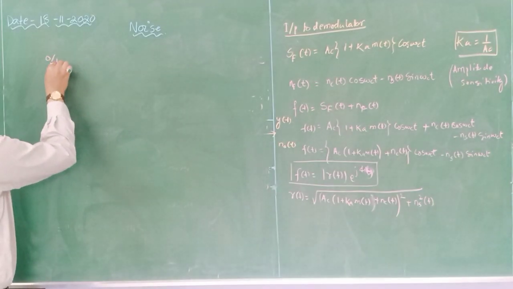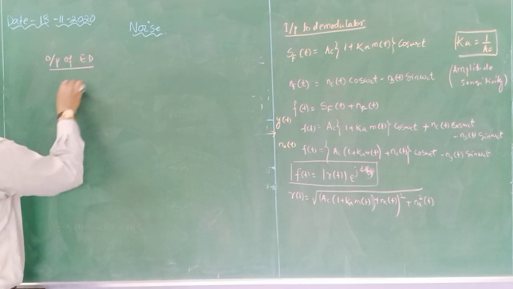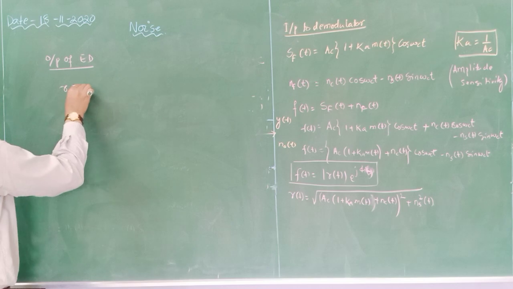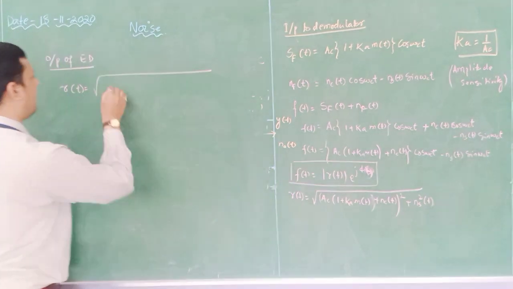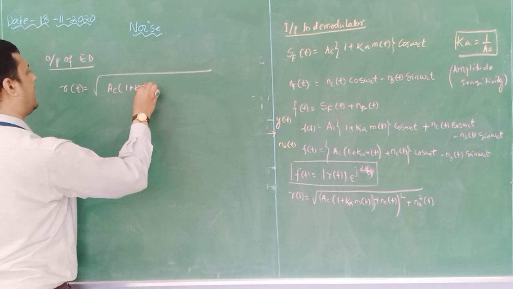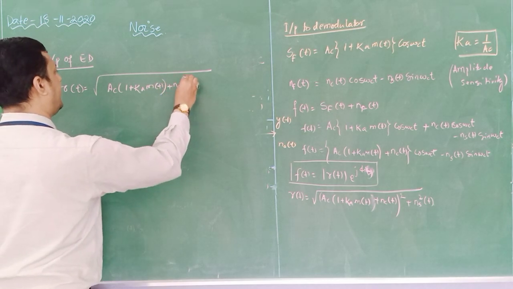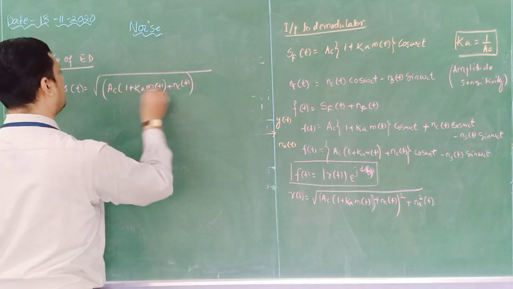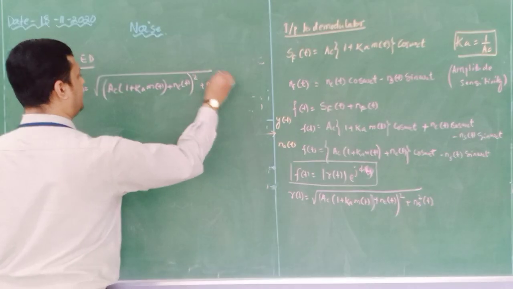Here we can say the output of the envelope detector is r(t), that is equal to the root of [Ac(1 + Ka m(t)) + Nc(t)] whole square plus Ns square of t.